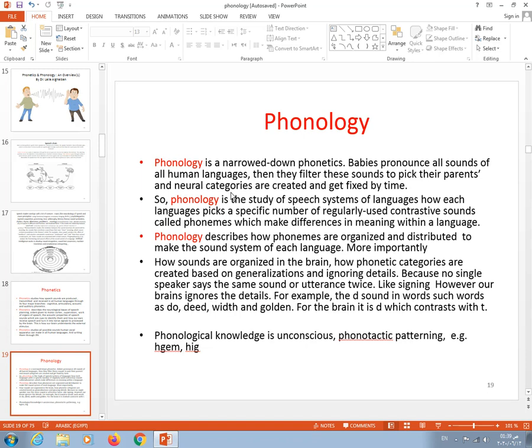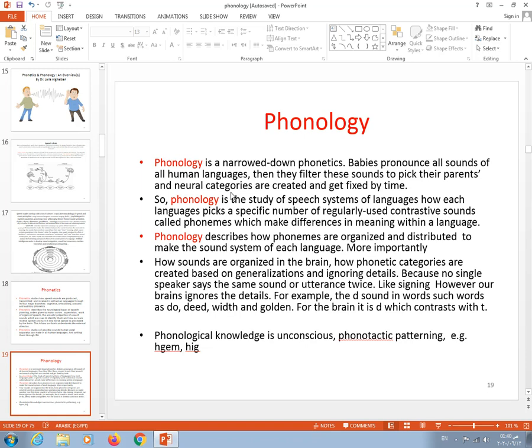This ability to speak sounds of all human languages, they lose by time. So phonology is the study of speech sounds of a language, and because each language picks a number of regularly used contrastive sounds called phonemes, phonology describes how phonemes are organized and distributed to make the sound system of each language.